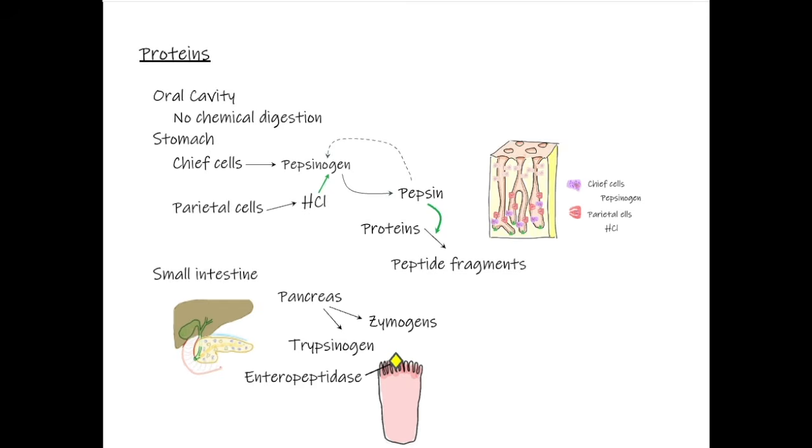Enteropeptidase activates trypsinogen to its active form of trypsin. Trypsin is important because it can activate several other pancreatic zymogens into active proteases. These proteases continue breaking peptide fragments into smaller peptides and amino acids. Amino acids, dipeptides, and tripeptides can then be absorbed across the intestinal epithelium.